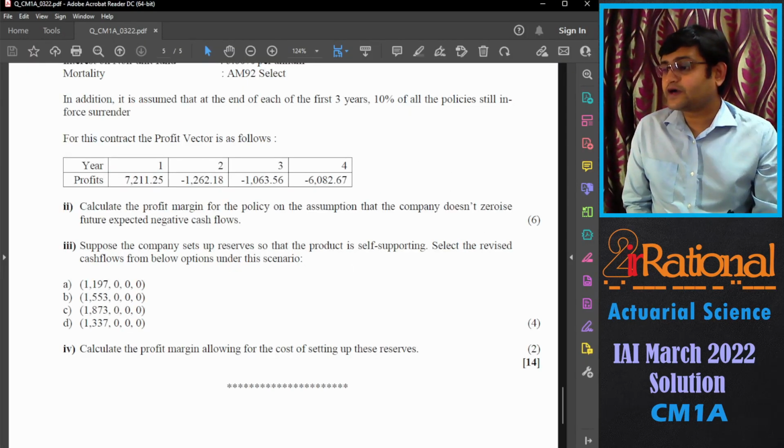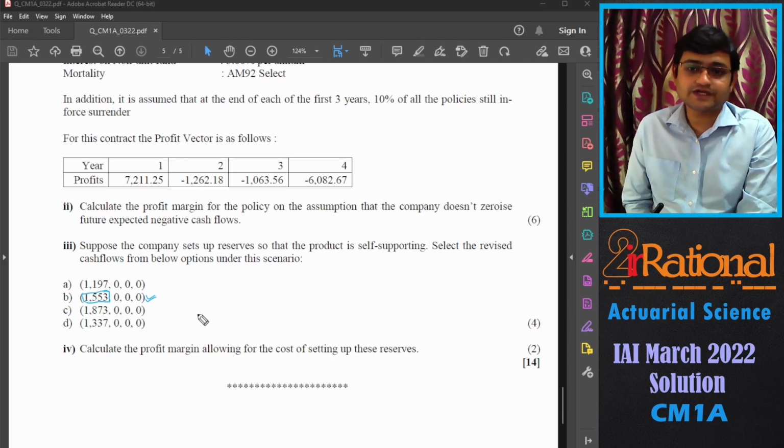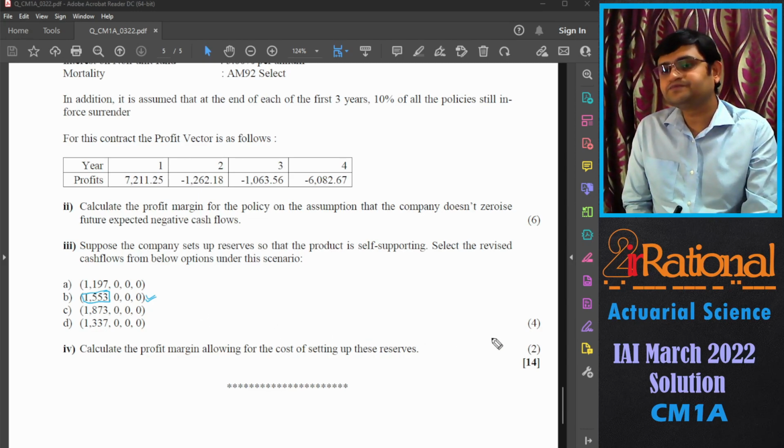Then for the last part, calculate the profit margin allowing for the cost of setting up these reserves. So we have to calculate now profit margin using this profit signature. We have profit signature, profit vector actually only in the first year. So profit signature will be same as profit vector. So all we have to do is discount it for 1 year to get our net present value.